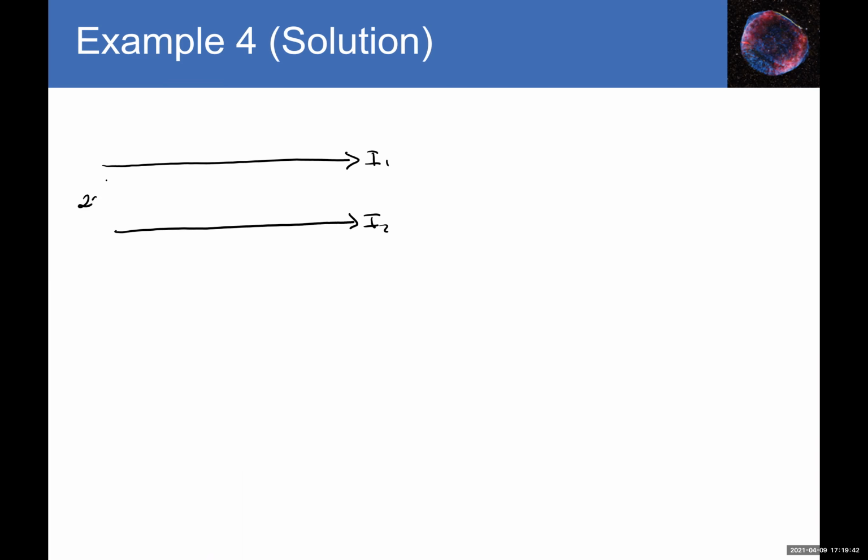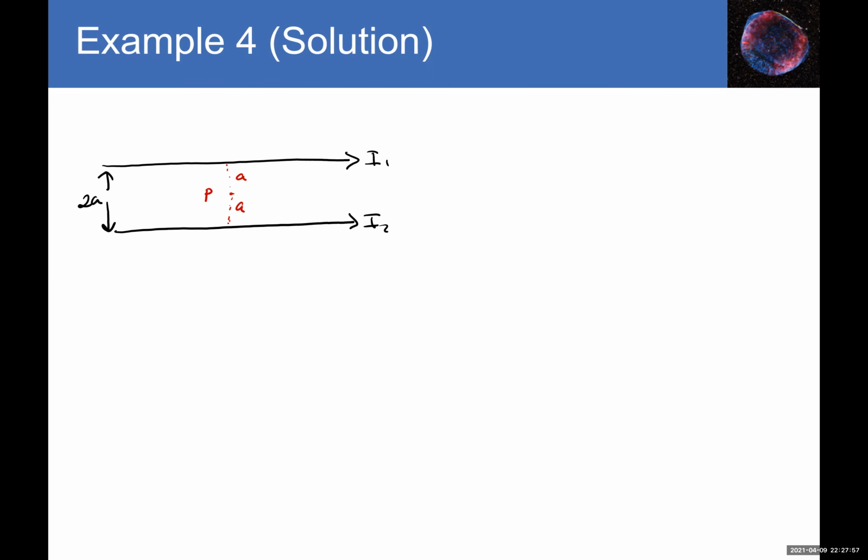Now, let's concentrate on wire 1. For part A, the point of interest is midway between the two wires. Let's say somewhere right here is point P, which has distance a from wire 1 and distance a from wire 2.